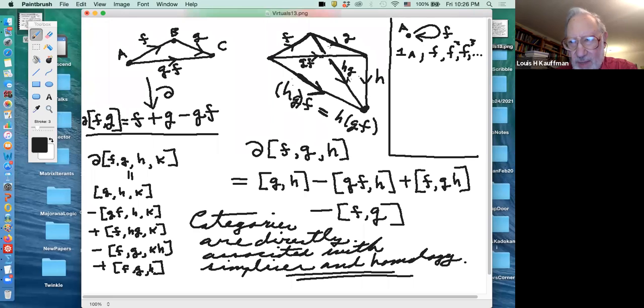And that would mean that you could think about simplices like F and F and F, and so on. And there's all that geometry already associated with even a very simple category like that. And you can play around with this so that if you see categories, you can think about homology in relation to them.